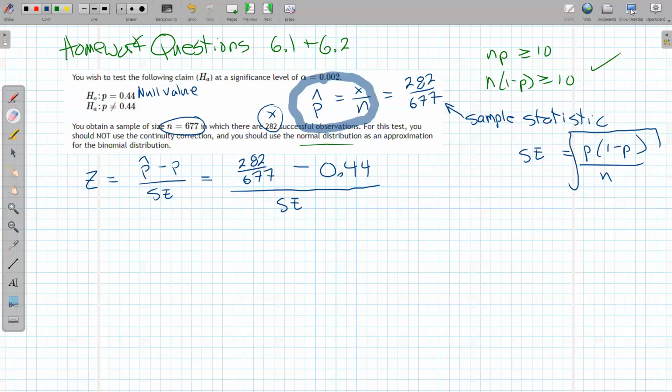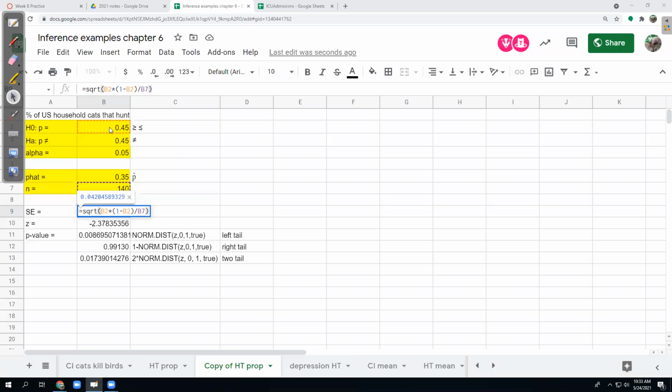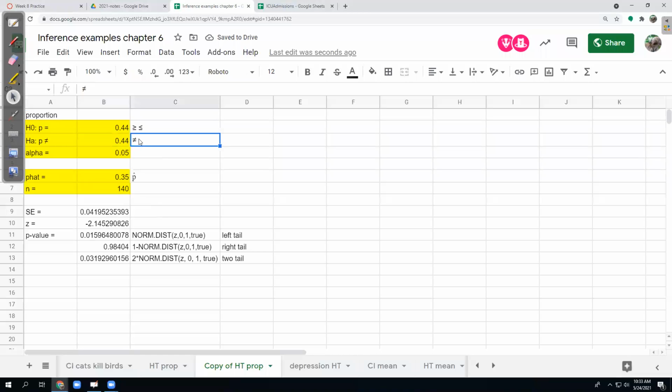All right. We just have to type in our stuff. This is not birds anymore. This is some other proportion. Named. And our null was 0.44, and I have this set to automatically copy that for the alternative. And then I have the not equal to symbol there that you can always paste in if it's not there.